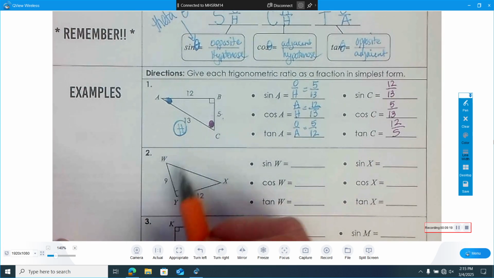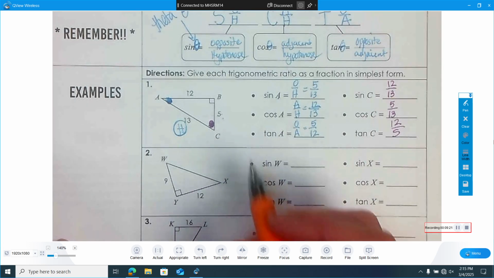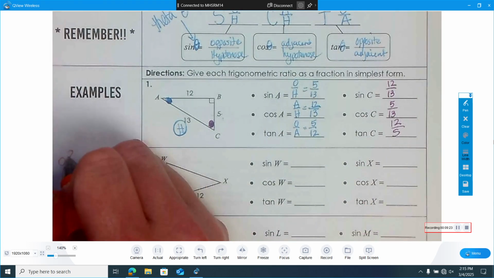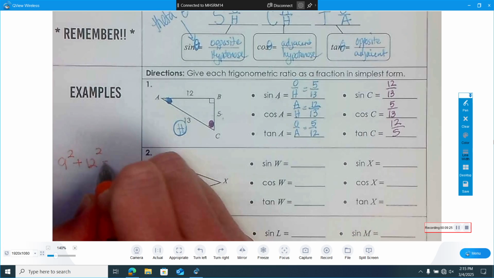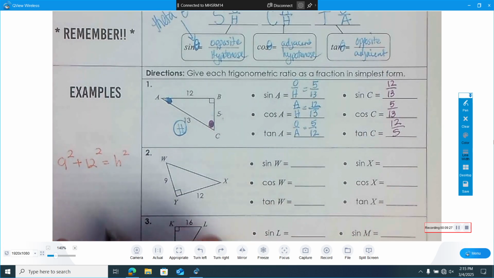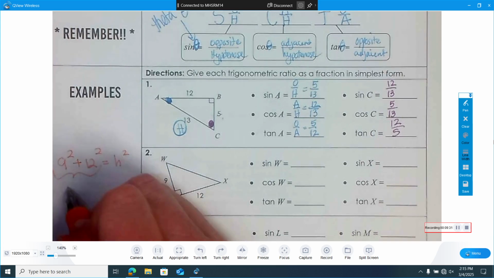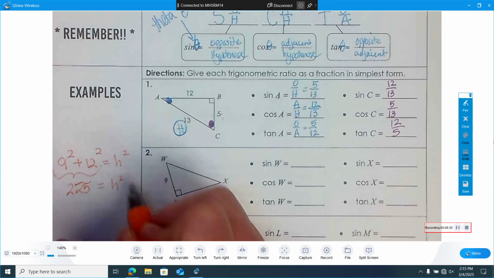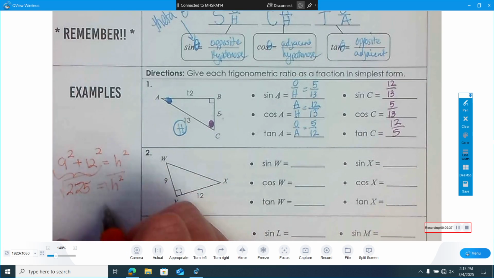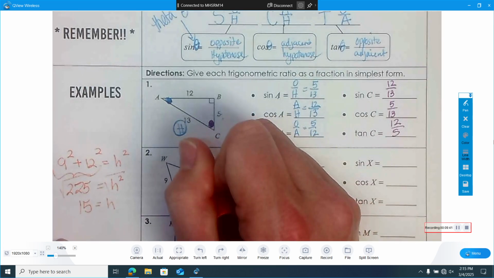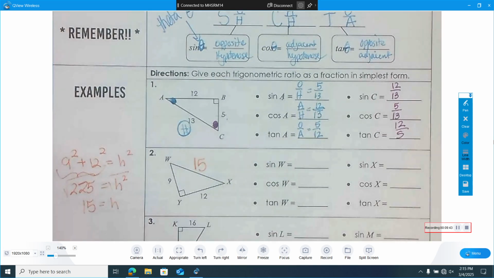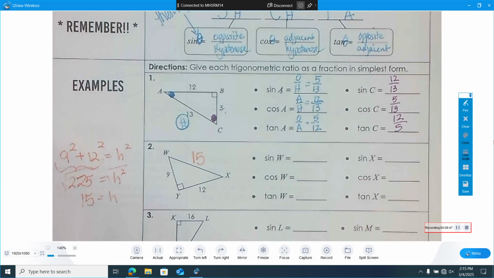How can we figure out the length of the hypotenuse here? 9 squared plus 12 squared equals x squared. 9 squared plus 12 squared equals my hypotenuse squared. 9 squared plus 12 squared is 225. And then when we take the square root of both sides, our hypotenuse is 15. So yes, you will have to solve for the third side.